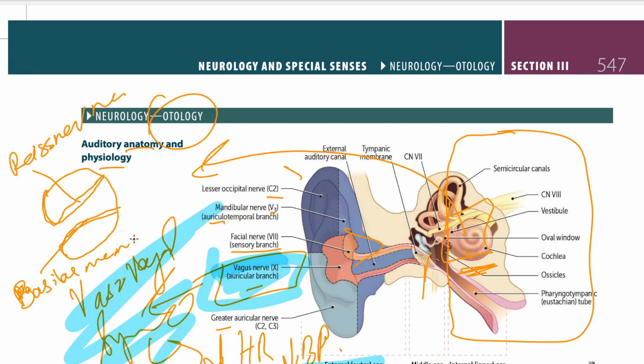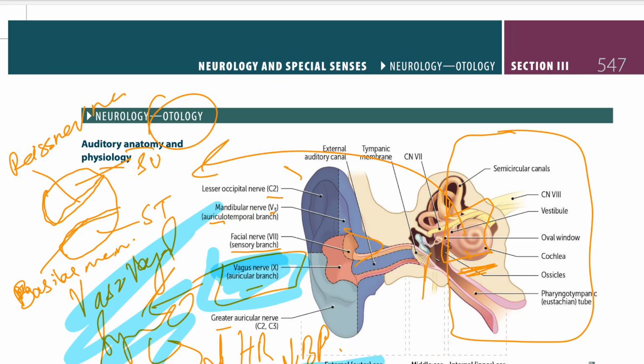Now, importantly, these are the membranes, but what are the structures? This structure is the scala vestibuli. I'm just going to write SV. And this structure is going to be the scala tympani.